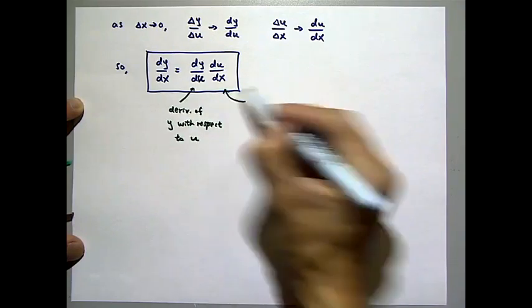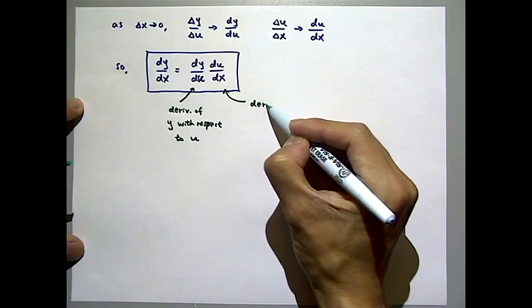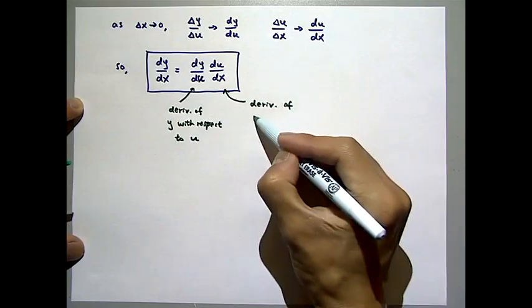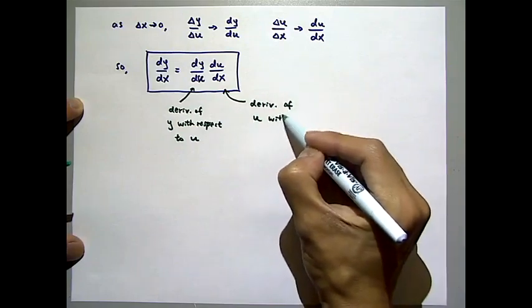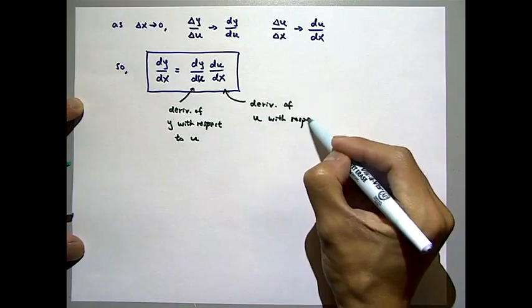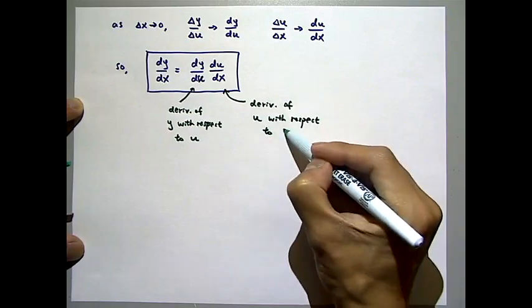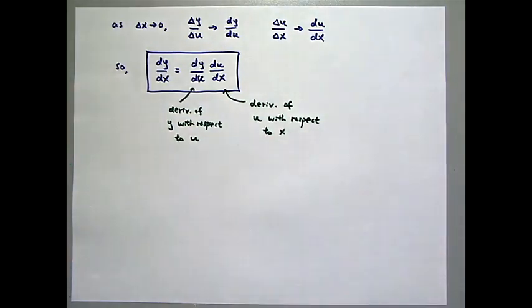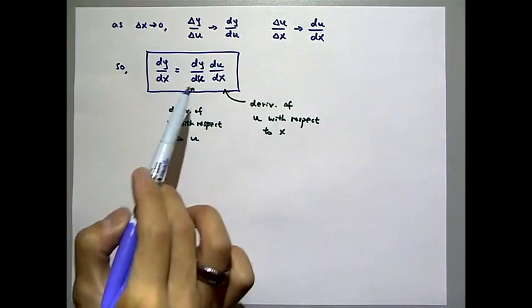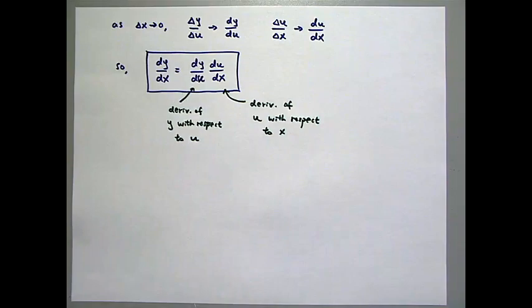And this second part here is the derivative of u with respect to x. With respect to just means you're using that thing as the variable. So this part here, we only care about what y is doing with u, and here is what u is doing with x. Separate stuff.